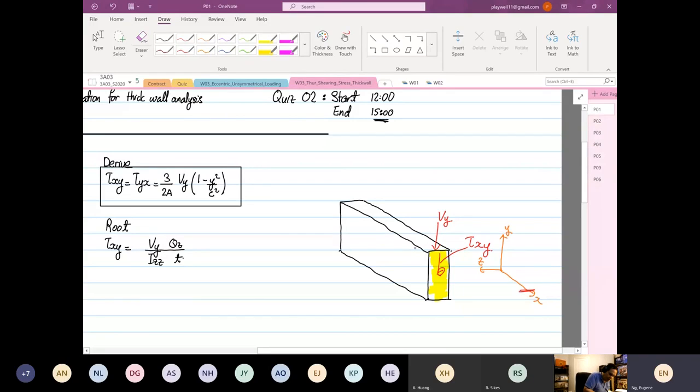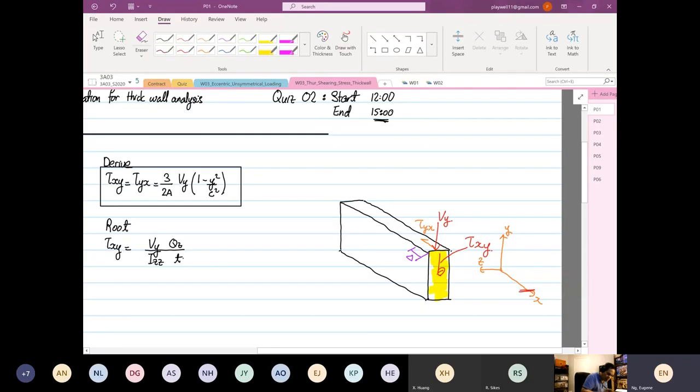You already know the failure is due to the displacement over here. Like what I explained last week, the planes are perpendicular to one another, but how will it fail? The relationship we have acquired is that the shear in xy is equal to the shear in yx, to maintain equilibrium.